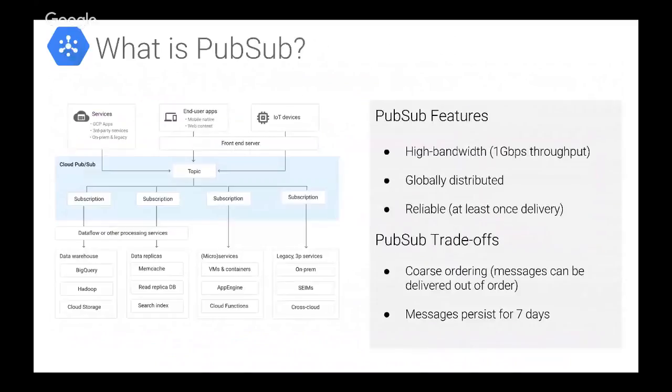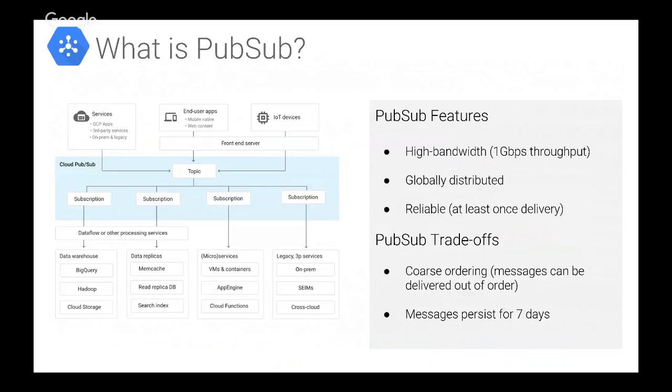If you remember back to that high level architecture diagram, the first thing that I was talking about was PubSub. PubSub is Google's message queue solution. It allows you to do publish and subscribe operations. This is a service that automatically scales. It's managed by Google, so you don't have to worry about allocating the right number of virtual machines and so forth.